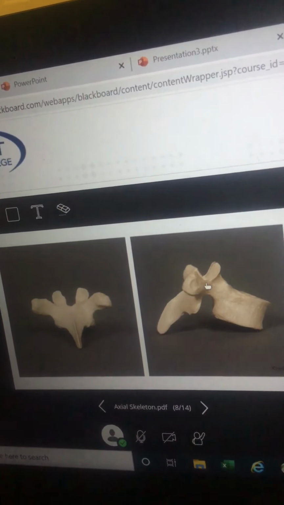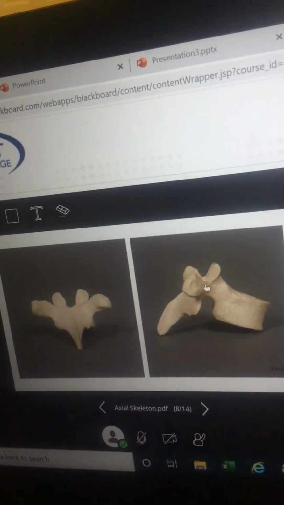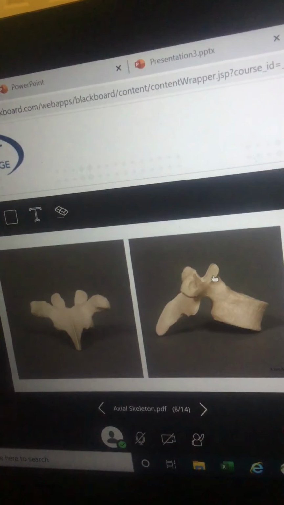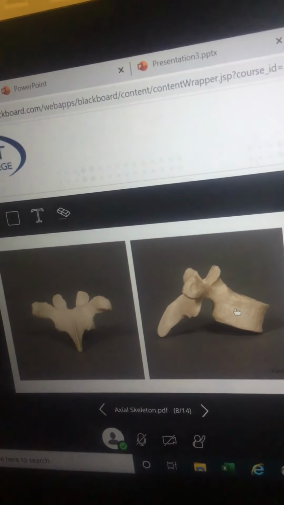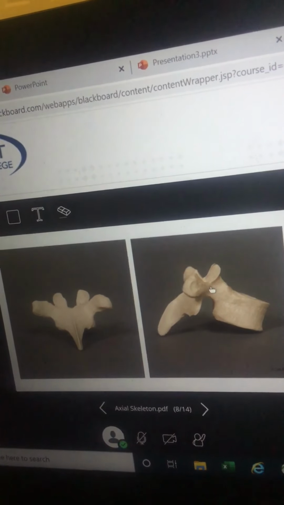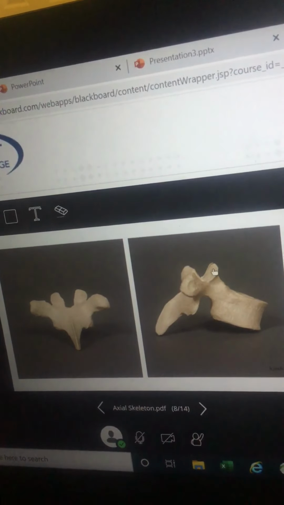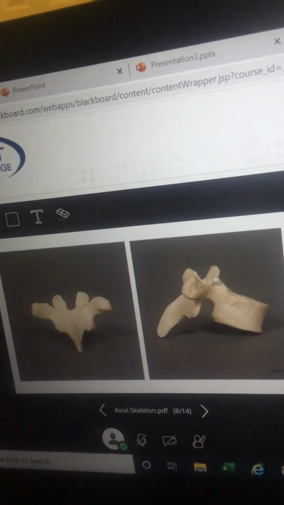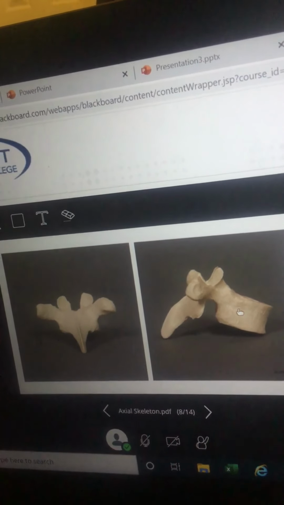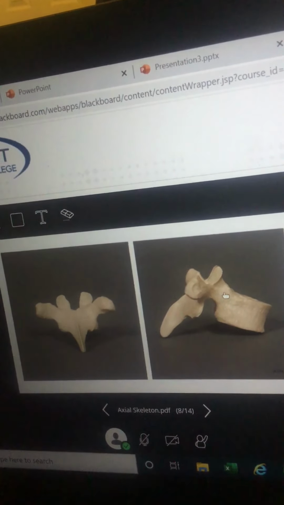The pedicle is going to be back here. This is where it connects the body to the transverse process and the spinous process and the superior articulating facet. So the pedicle sits here.